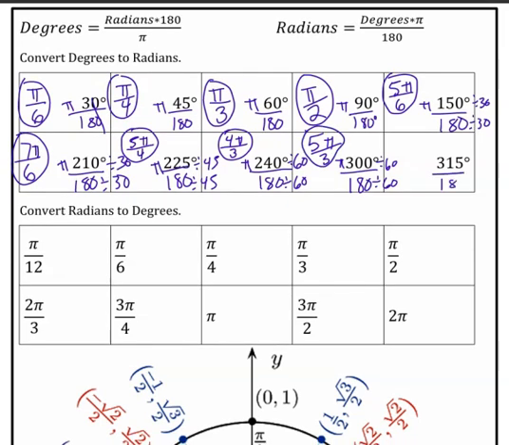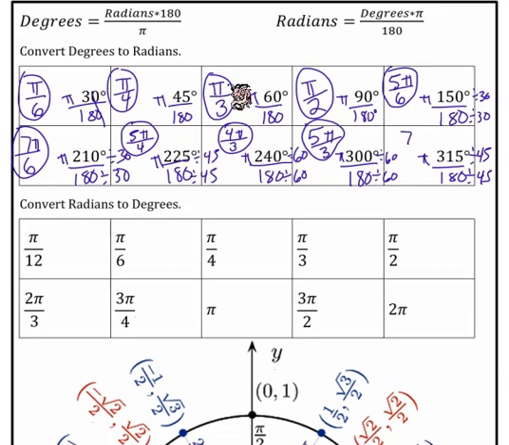And 315 divided by 180, divide these by 45. It will give you 7 pi over 4.